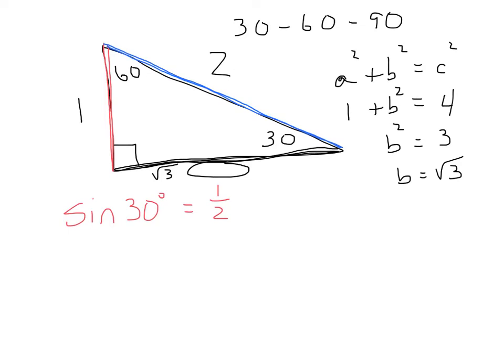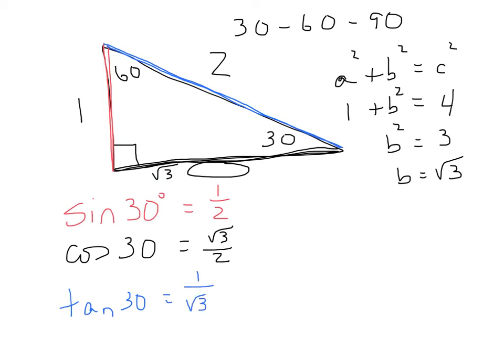So from here, I can continue with my trig ratios and tell you that the cosine of 30, which compares the adjacent to the hypotenuse, will be equal to the square root of 3 divided by 2. And so I will put that down as a special angle ratio. And then, of course, the tangent of 30 will be equal to the opposite over the adjacent.